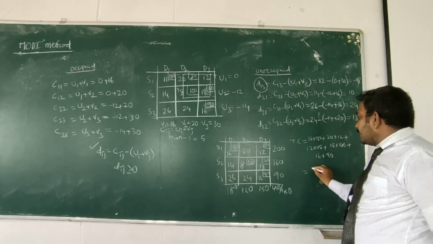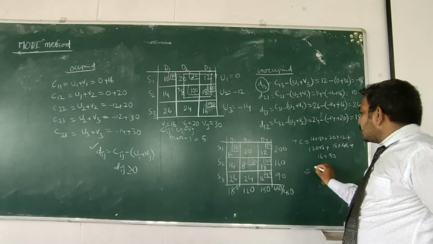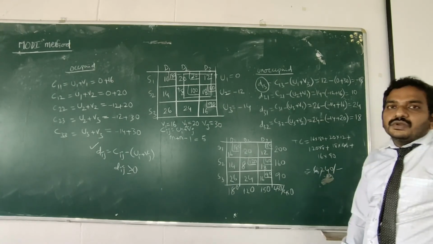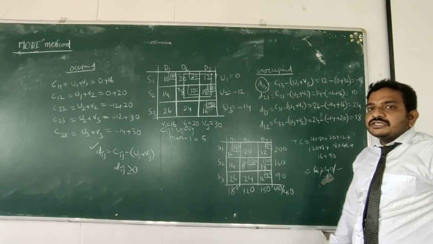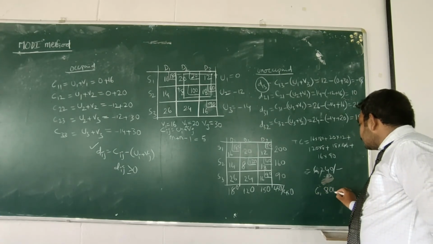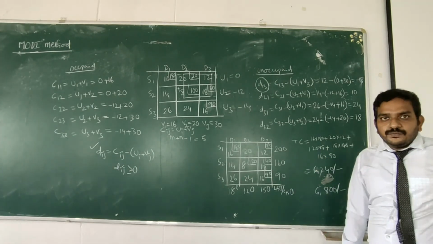Together, when you calculate all this, the total transportation cost is 6,240. The one by using the northwest corner cell method, I found, was 6,800. This is the difference between these two.